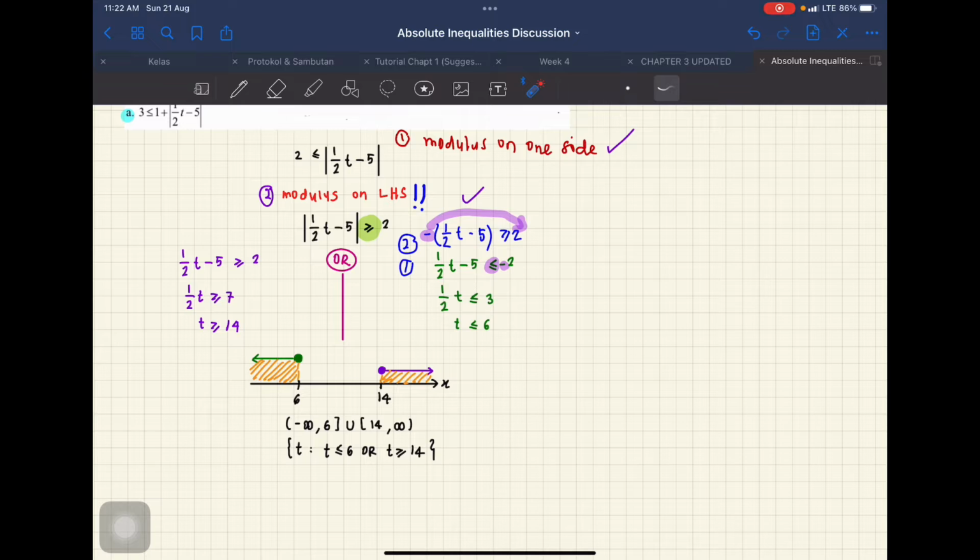So, this one, bila awak buka, when you use basic definition, this one is gonna tell you whether it's greater or less than, whether you need to use or for union, or you need to use and for intersection. Okay, so you need to write this one. This is compulsory. Ni wajib. Kalau sini greater, awak kena tulis or.